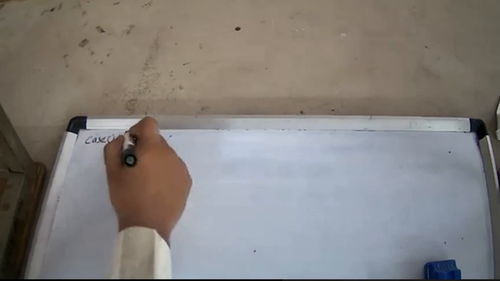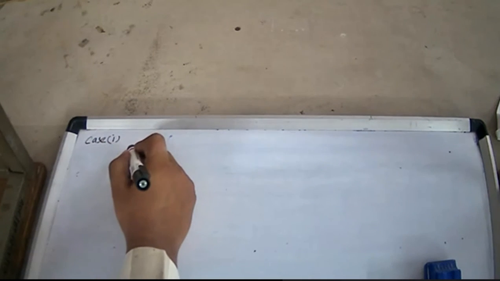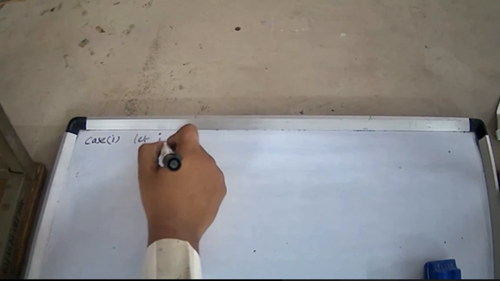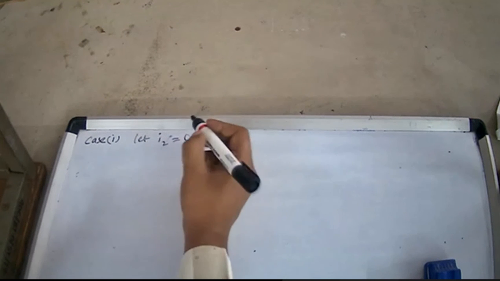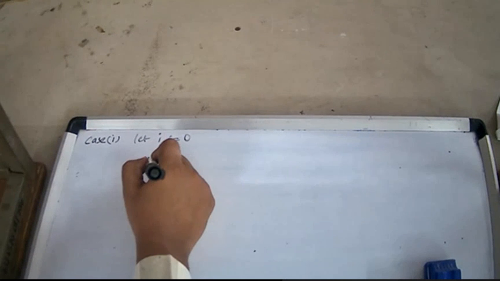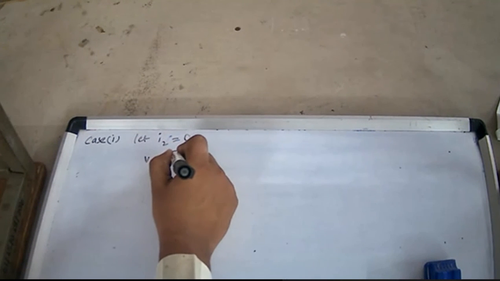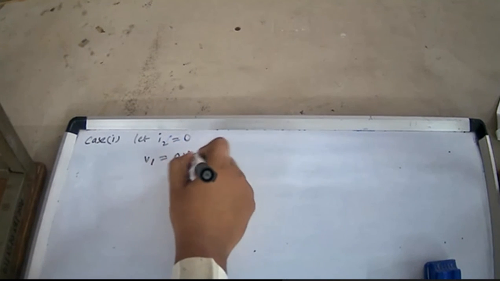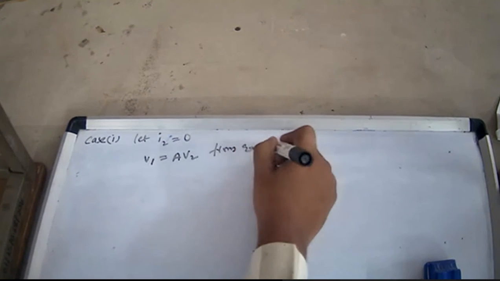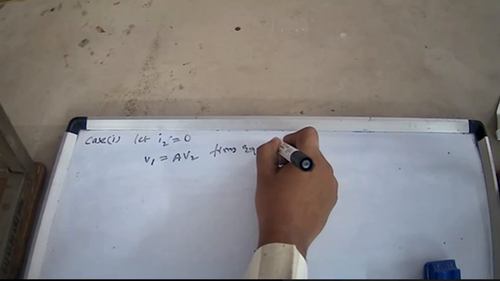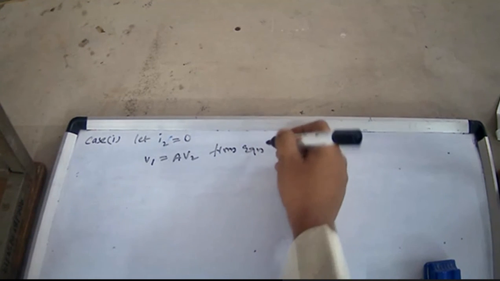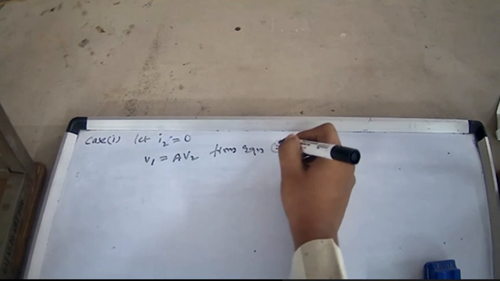Case 1. Let I2 is equal to 0, then we can write V1 equal to A V2 from equation 5.